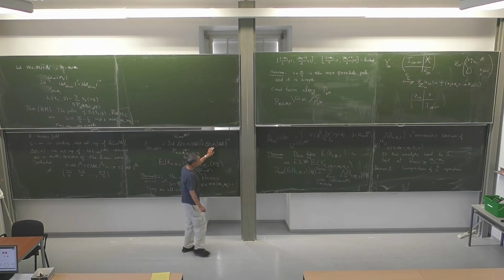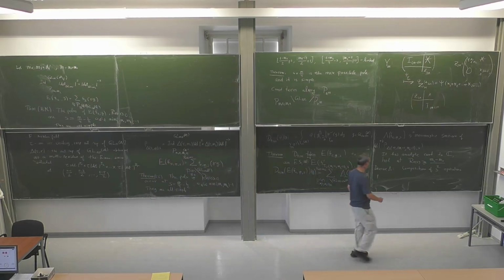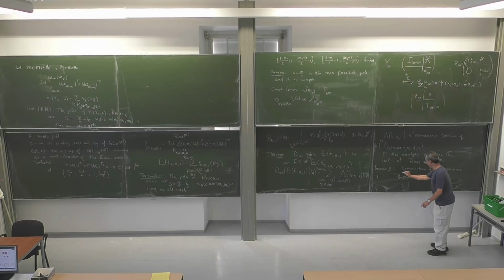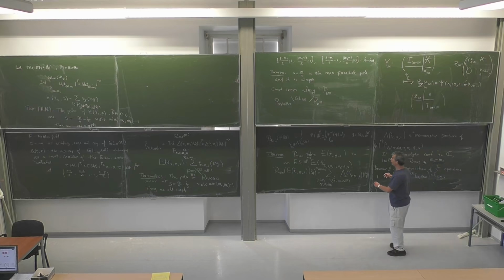And do the same here. I will denote this constant term by C sub the parabolic subgroup. Apply to the first factor from the induction data. Then do the same with the second factor. And compose with the section.